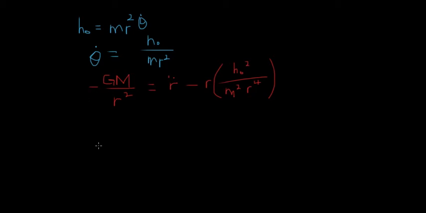The final expression, which is the equation of motion, is r double dot minus H naught squared over m squared r cubed plus GM over r squared, and this is equal to 0.